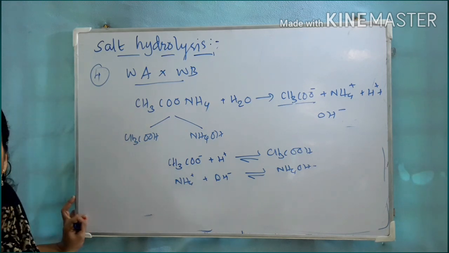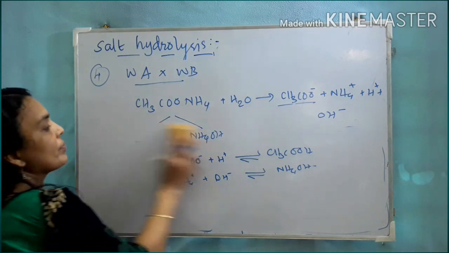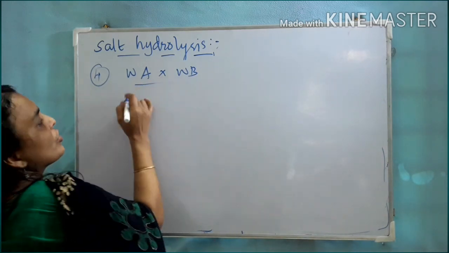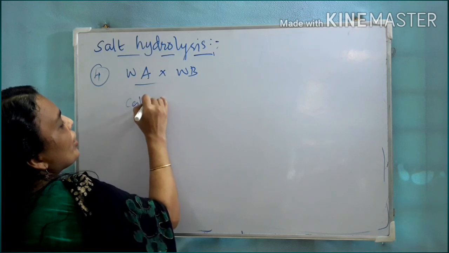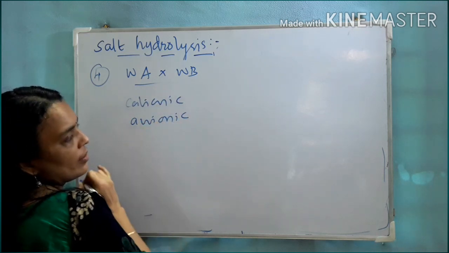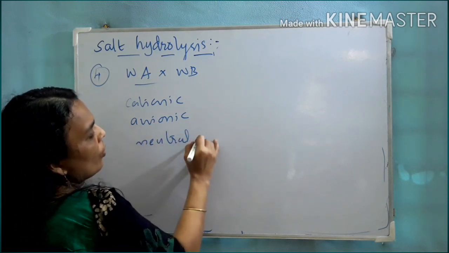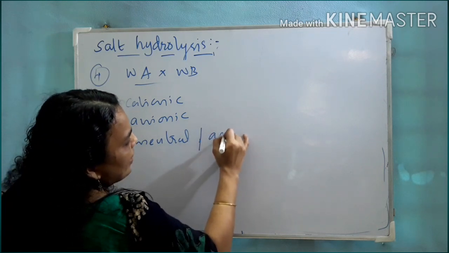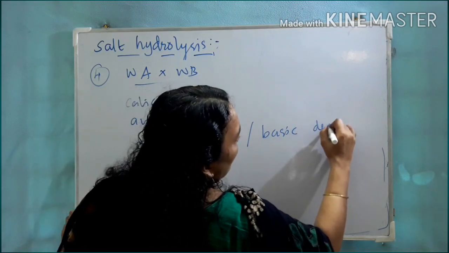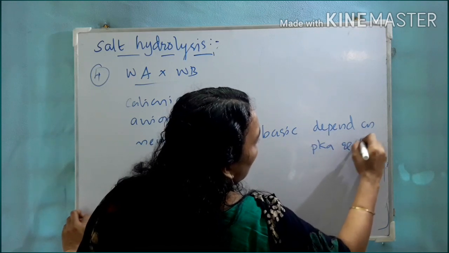Clear? So that means both cationic and anionic hydrolysis is taking place. In the case of weak acid and weak base, both cationic hydrolysis and anionic hydrolysis occur. The solution may be neutral, acidic or basic, depending on pKa and pKb.